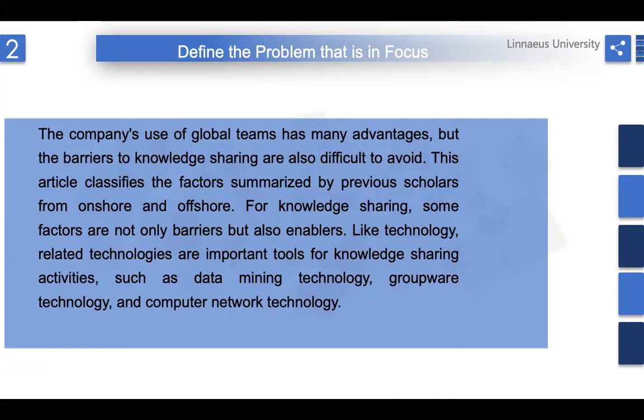But knowledge sharing in global teams does not happen naturally. In addition to the sharing barriers caused by the form of knowledge itself, there are also capacity relationship framework and the sharing barriers caused by a lack of recognition.